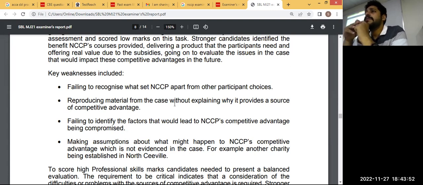Thirdly, the most important thing: from now onwards, please don't go through the technical part a lot. Now you are very clear on how the technical part works. If you know each and every part of the technicalities of the SBL exam, but at the end of the day you are not confident enough in identifying the right answer to your questions, you will end up making mistakes and you'll end up having no good marks in your exam.